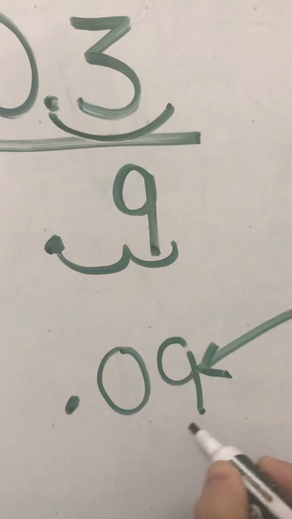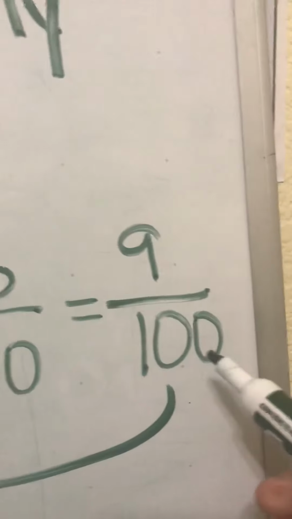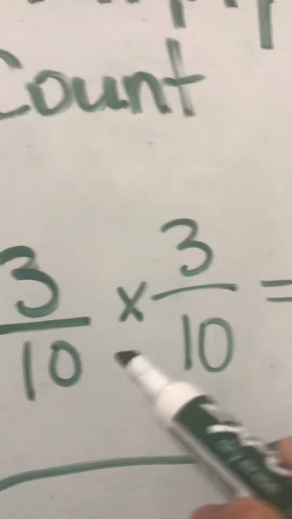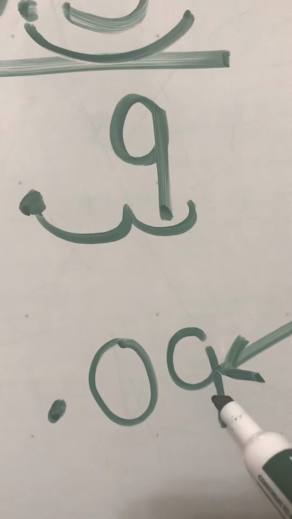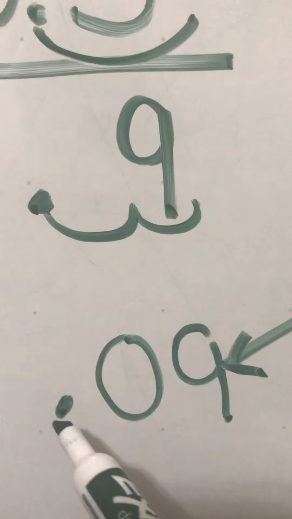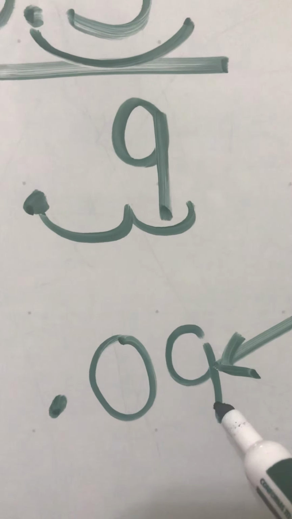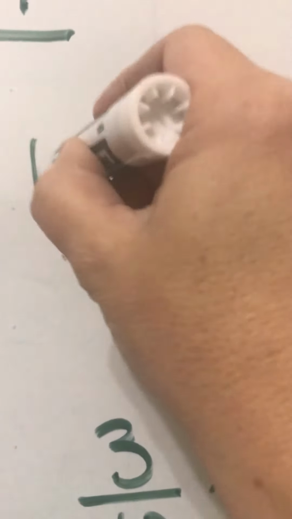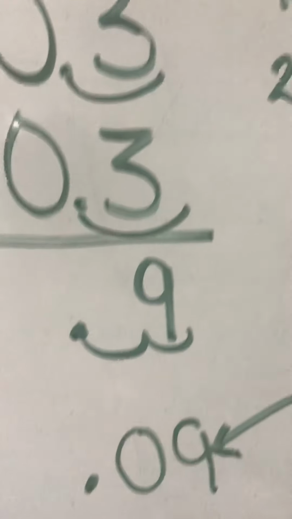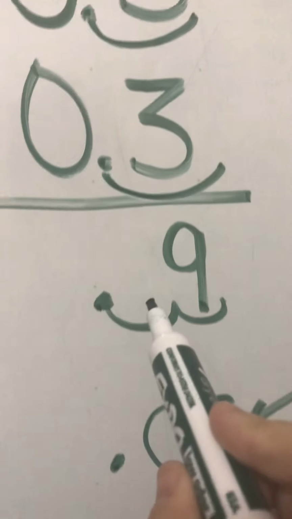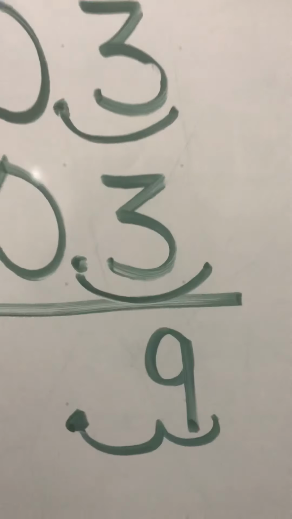I have to put 9 in the hundredths place. So now when I think about it in fraction form, I can remember that 9 must have to be in the hundredths place when I put it in decimal form. Okay, so always, always, always multiply first, count your decimal places second, and use those zeros to hold your places when you don't have one.